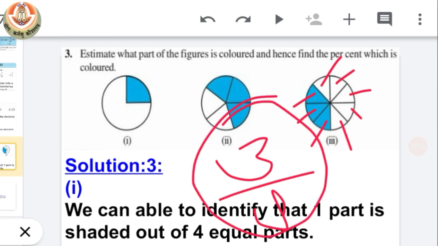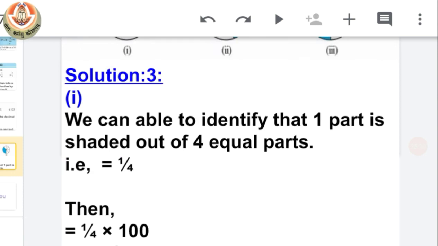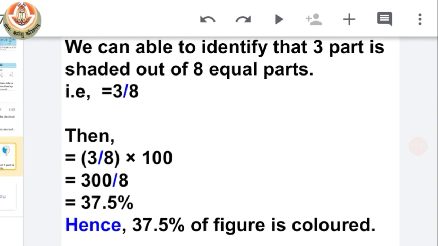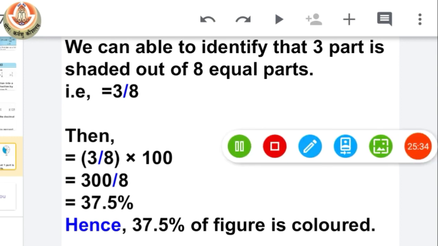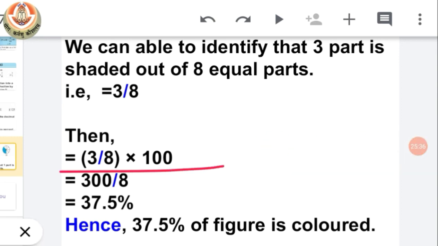So 3 by 8 is our fraction, and to convert it into percent we multiply it by 100, and we get the answer 37.5%. Okay class, I hope you have all understood very well how we can convert a percent into a fraction, then into a decimal, and how we can convert a decimal into a fraction and then into a percentage.